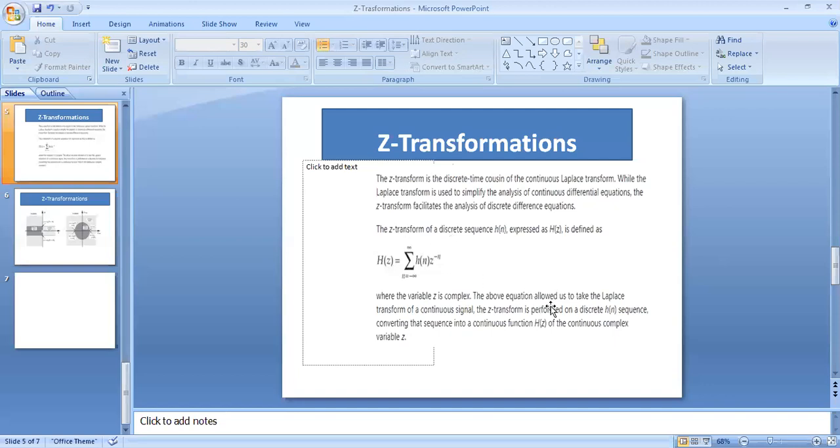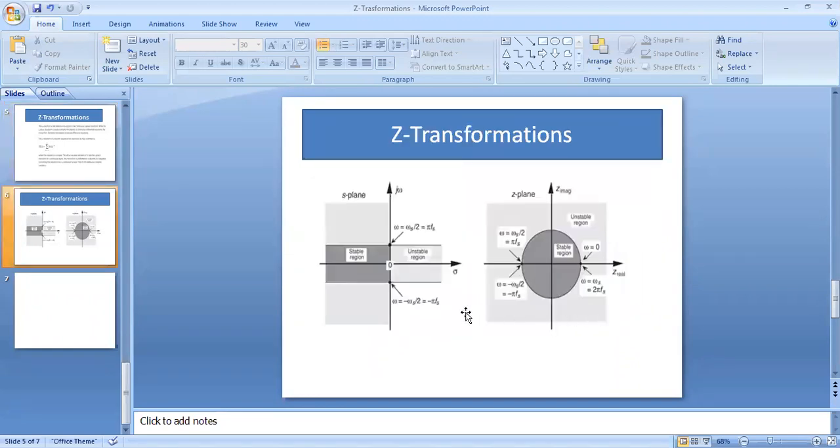The Z transform is performed on a discrete sequence h[n], converting the sequence into a continuous function H(z) of the continuous complex variable.